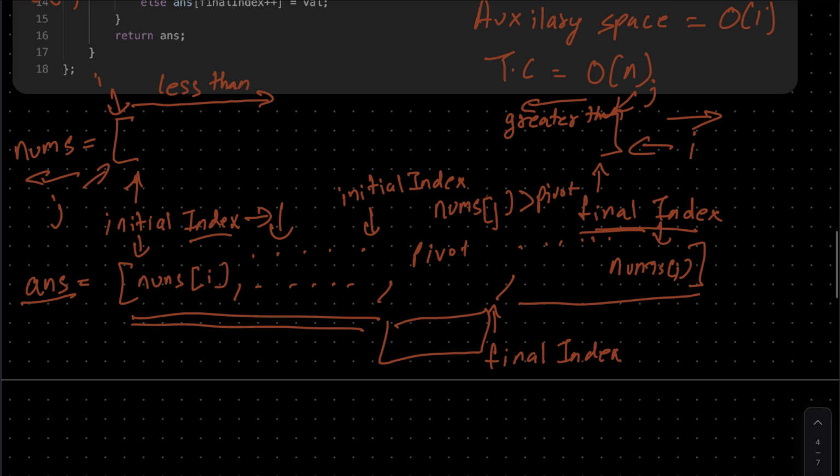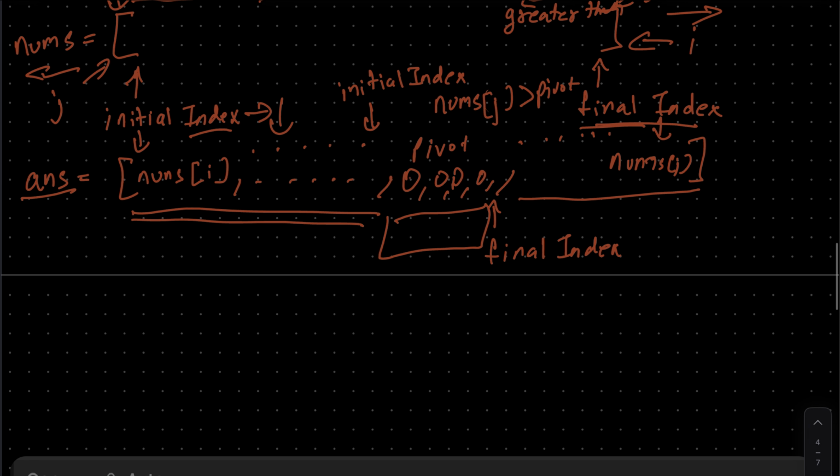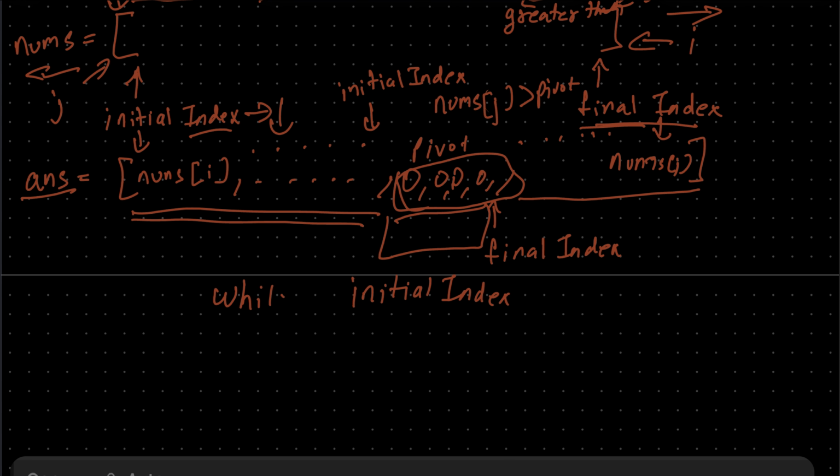The answer array by default will have values of 0 0 0 0, however many zeros there are, and we need to make those equal to pivot. So what we'll do is take the initial index and run a while loop on it till it reaches the final index.